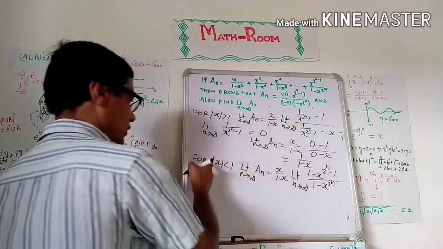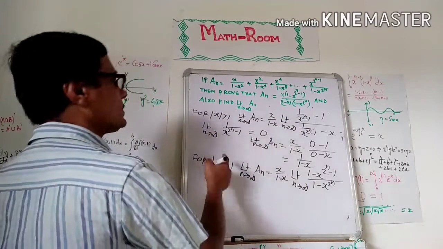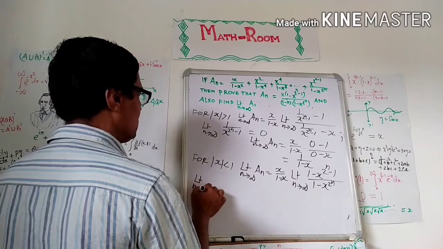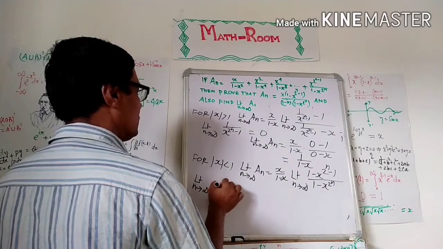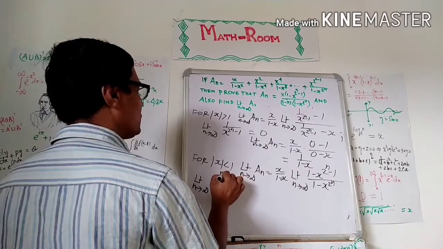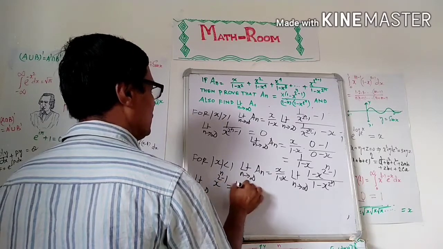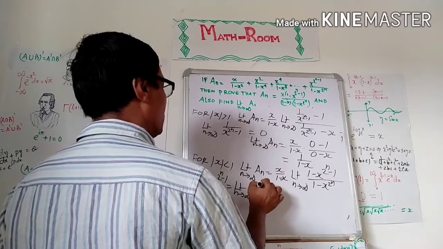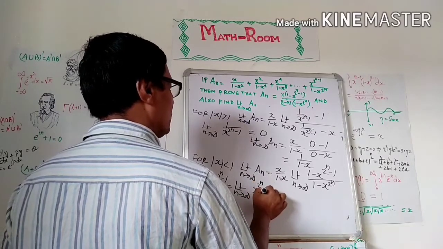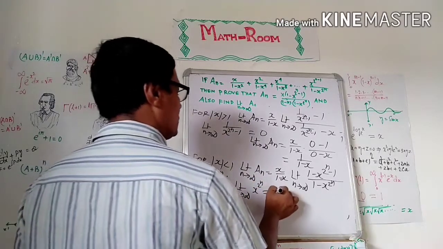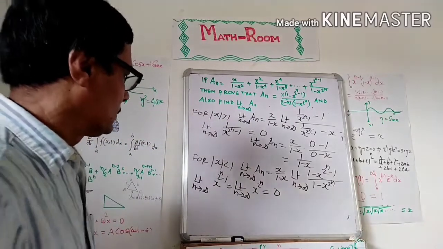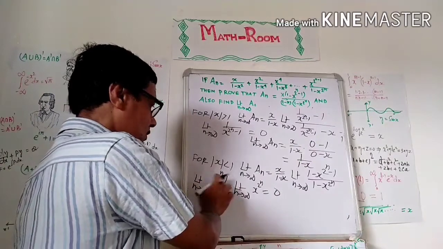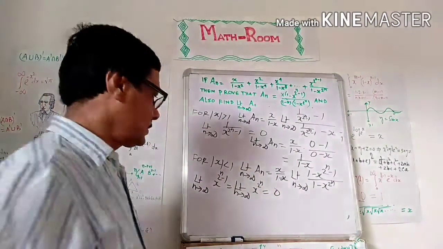And also for mod x less than 1, limit n tends to infinity of x to the power 2 to the power n minus 1 equals limit n tends to infinity of x to the power 2 to the power n, which equals 0, since mod x less than 1. If mod x less than 1, these two limits will be 0.